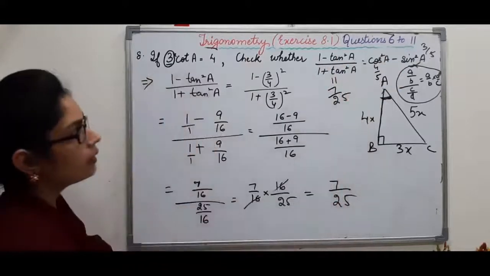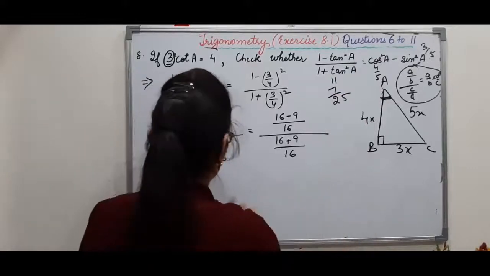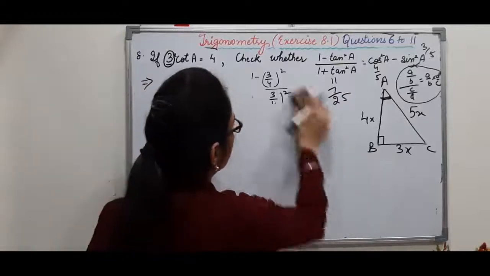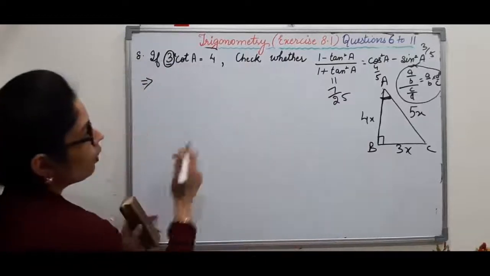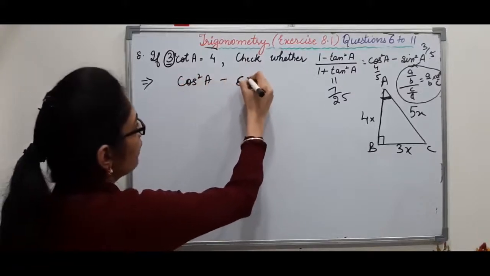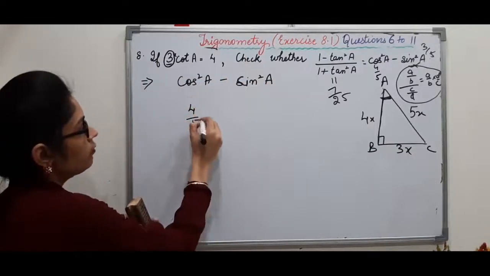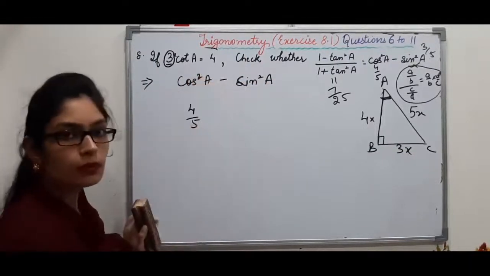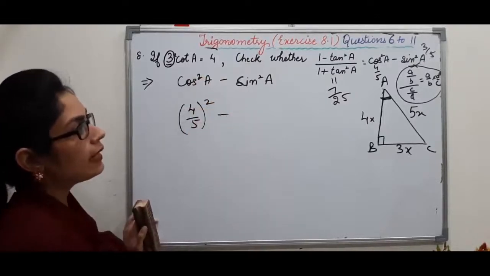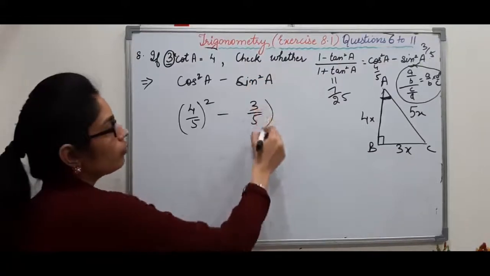Now let's check the value of cos square A minus sin square A. Cos A is 4 by 5, and square means whole square of its value we have to do. So 4 by 5 whole square. Sin A is 3 by 5, and sin square A means whole square of its value.